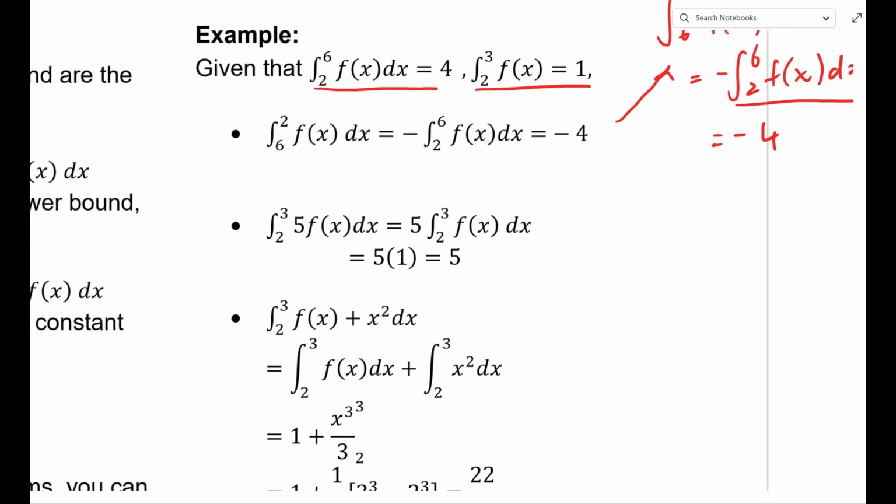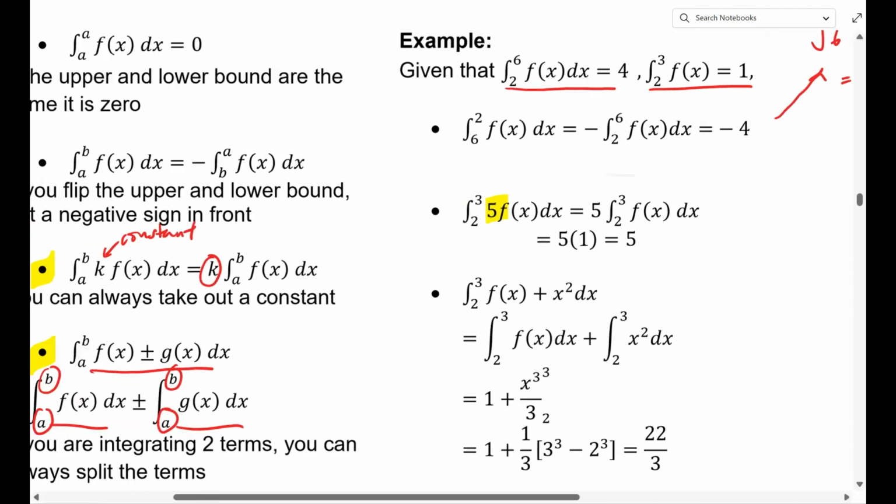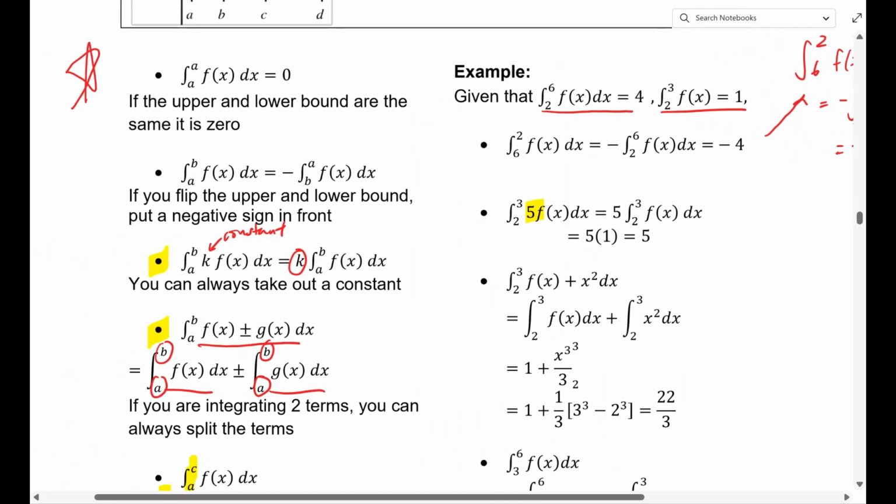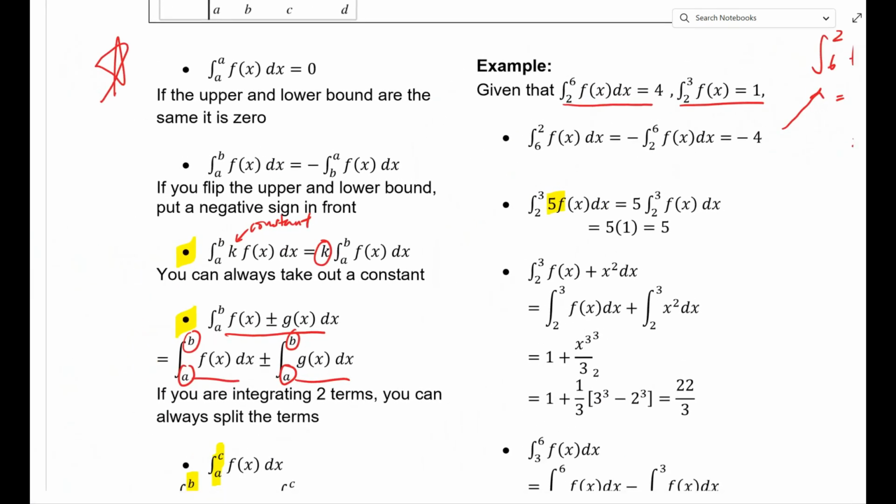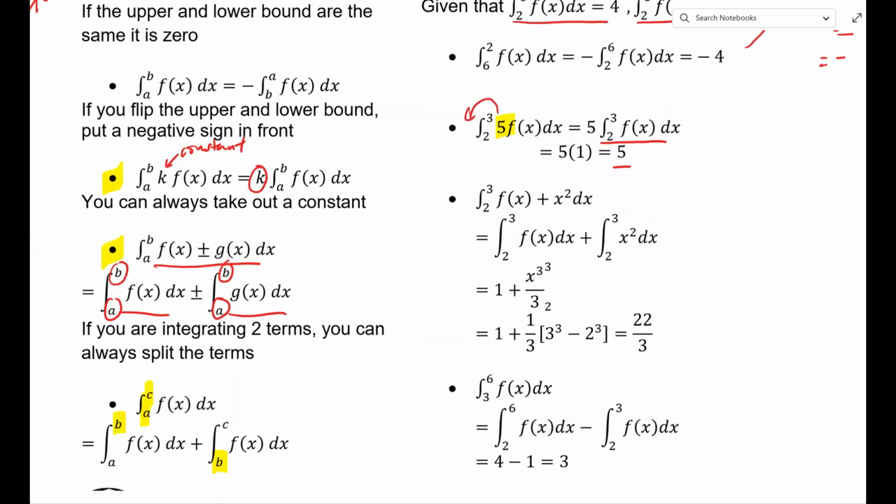Next, you can see that there's a constant of 5 within the integral, which, according to the property that we know, we can simply bring outside the integral. Then we know what this is as it's given in our question, so we get our final answer of 5. For the next one, we'll use the property of splitting up our integrals.